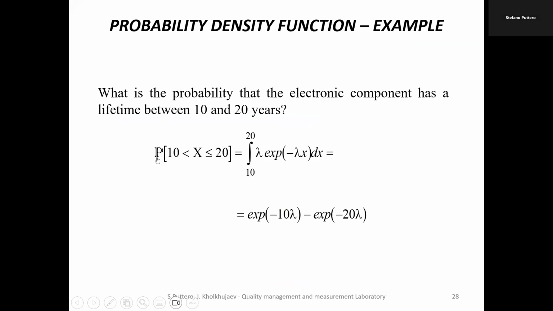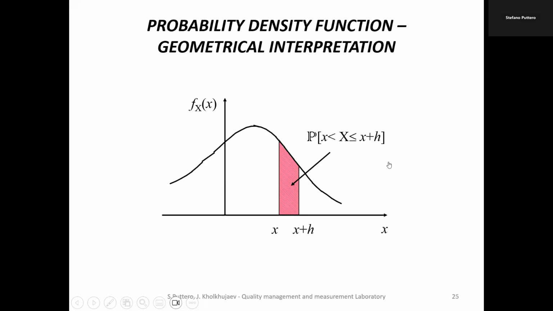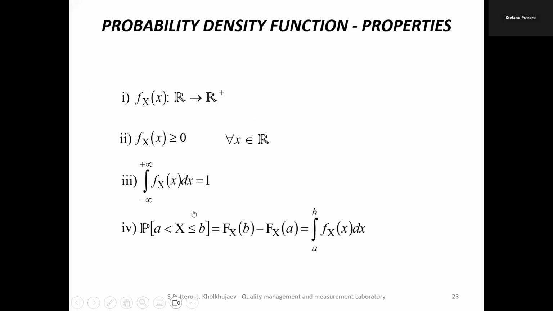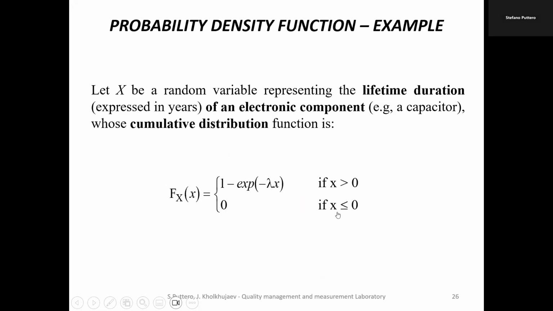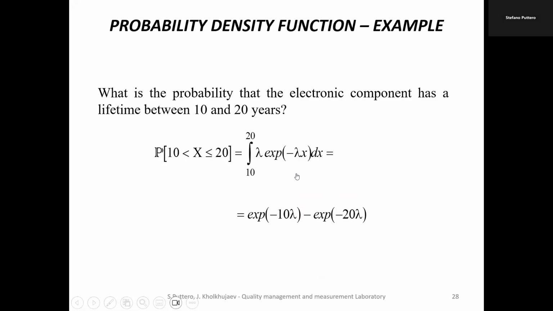For the properties that we saw before, the fourth property of the probability density function, we saw that the probability of x between A and B can be written down as the cumulative distribution function in B minus the cumulative distribution function in A, that is the integral between A and B of the probability density function. That is what is done in this slide.